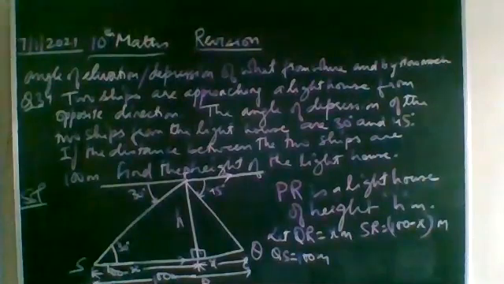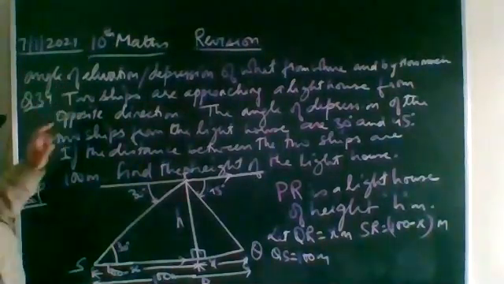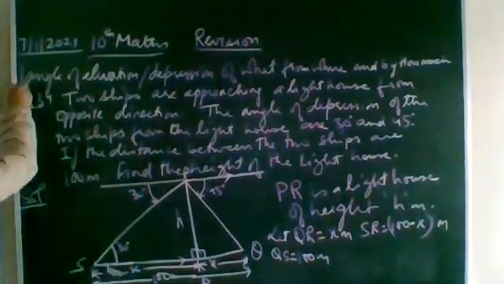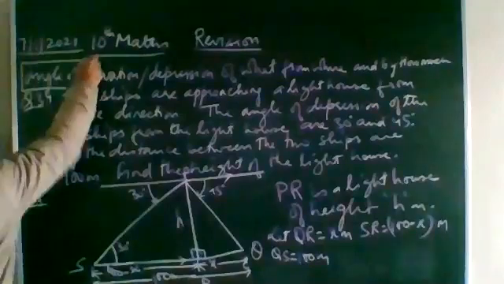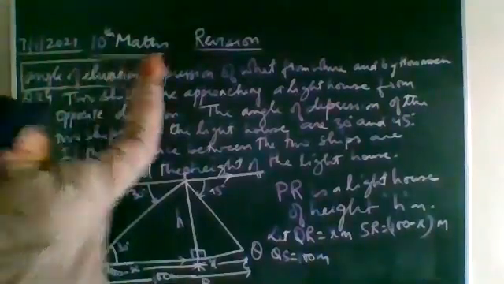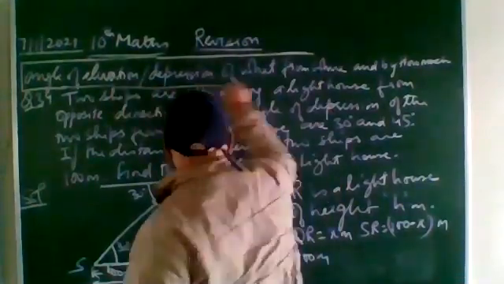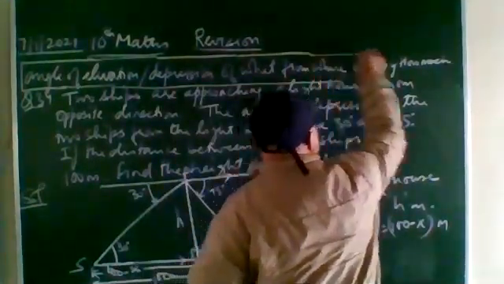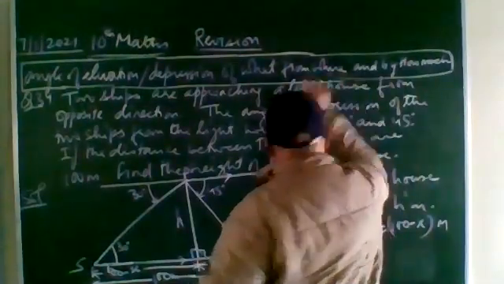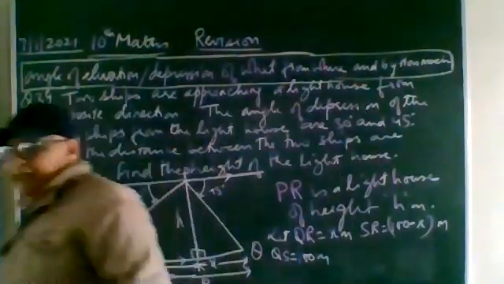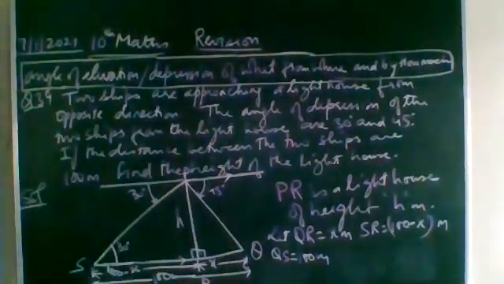In this question, when you are solving, I told you to have this statement in your mind: the angle of elevation, angle of depression, from what, from where. If you know this, hopefully you will be able to solve the question. Now two right angle triangles you have to take.